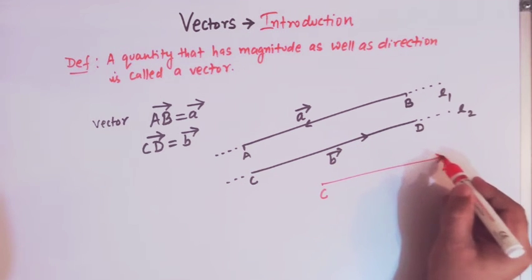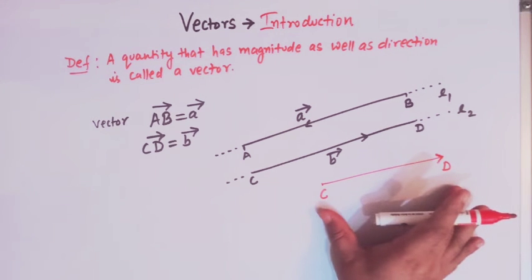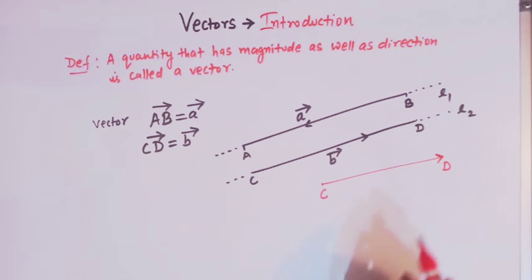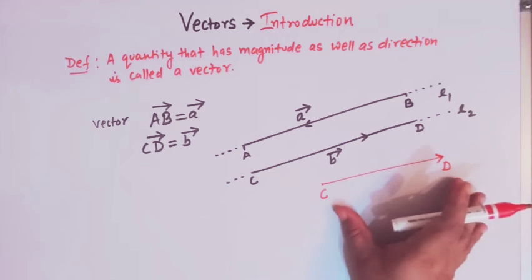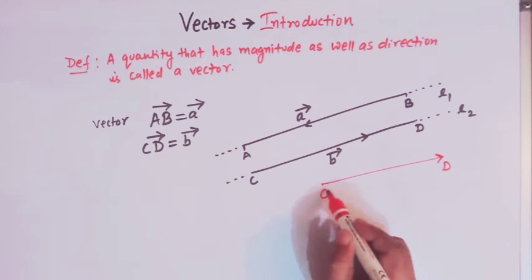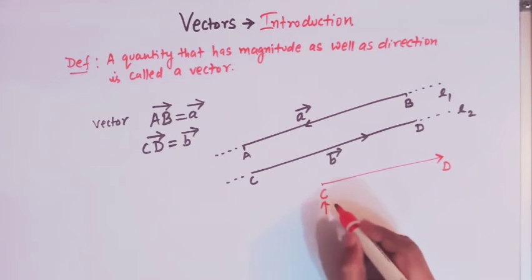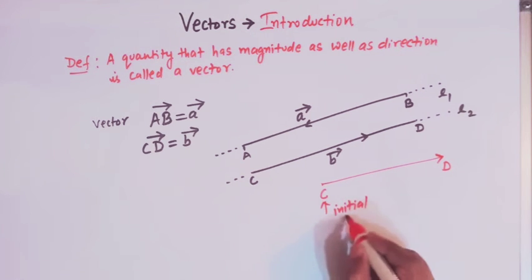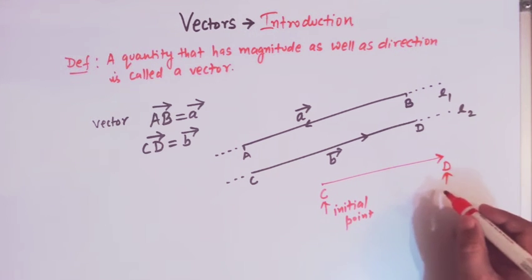Now the vector CD starts from this point C and it ends at this point D. So this point C is called the starting point or the initial point, and this point D is known as the terminal point, right?